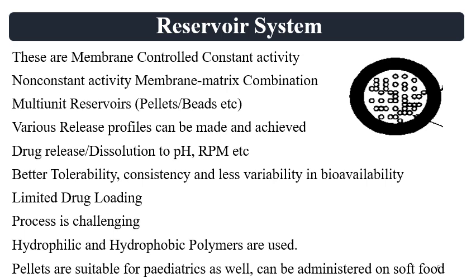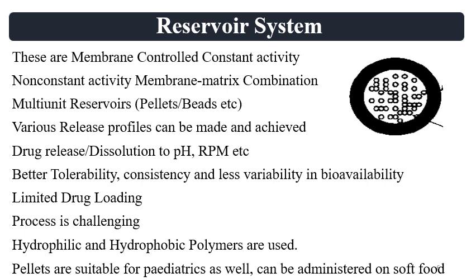So both can be done, like you have made the matrix system and then you have applied the coating. The examples are pellets, multiple layer coated pellets or beads, which can act as drug reservoirs.